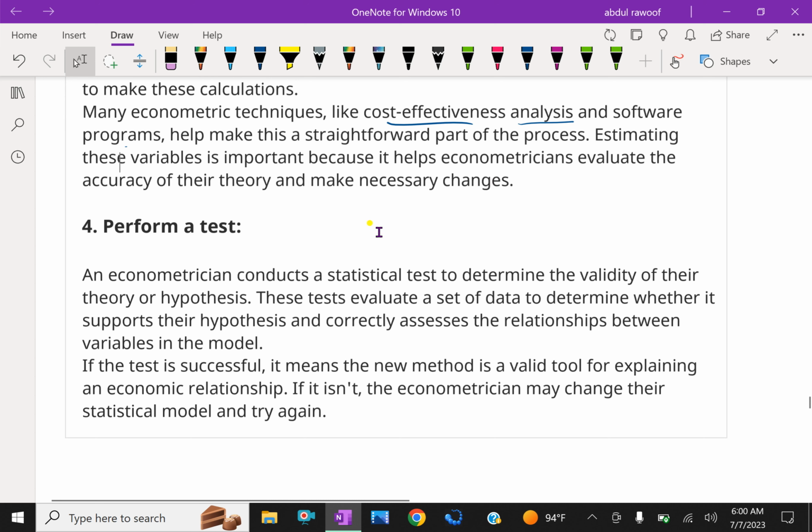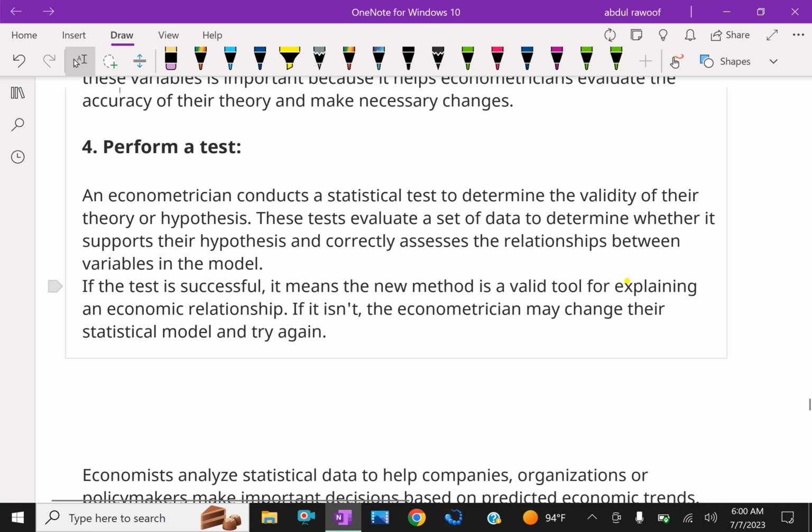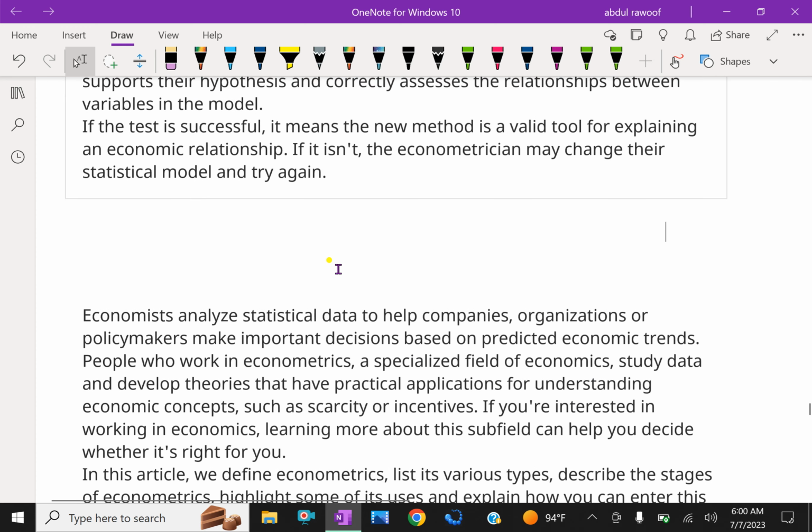To perform a test, an econometrician conducts a statistical test to determine the validity of their theory or hypothesis. That means first create a theory or hypothesis, and then you have to check the validity of that hypothesis with a test. These tests evaluate a set of data to determine whether it supports their hypothesis and correctly assesses the relationships between variables in the model.